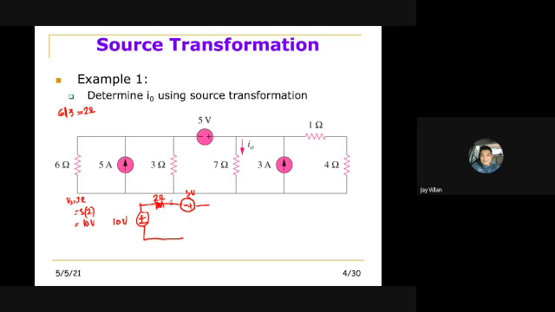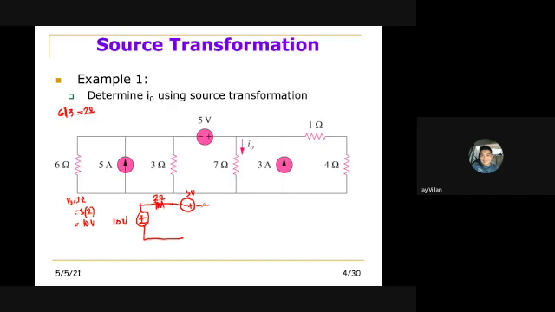Say, for example, what we did here, you have 10 volts and 5 volts, and then a 2 ohm resistor here. We could actually combine 10 volts and 5 volts together. Okay, but take note of the polarity. Since they have the same polarity, the location of the positive terminal is on the right side for the 10 volts, and the same goes for your 5 volts.